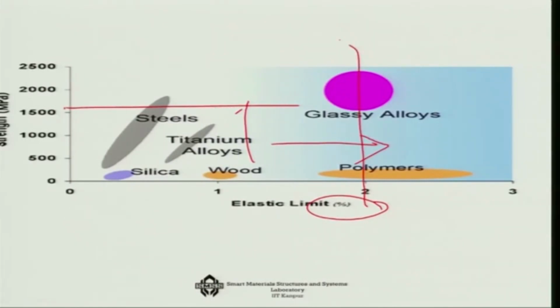So, that is the good thing of it, that you get a much higher level of strain, but also a very high level of strength. That combination makes glassy alloys like bulk metallic glasses a very unique new material.